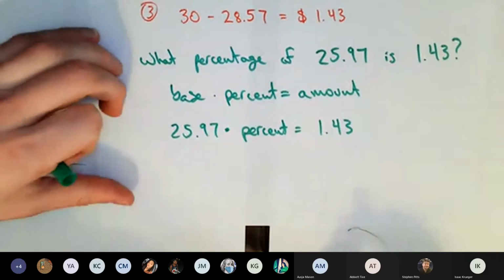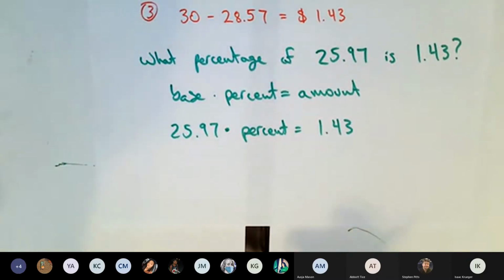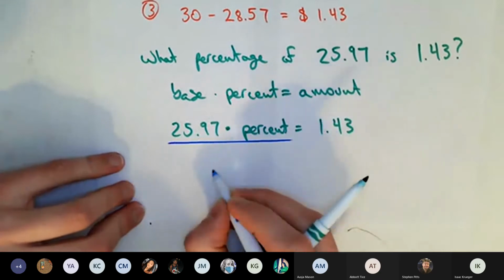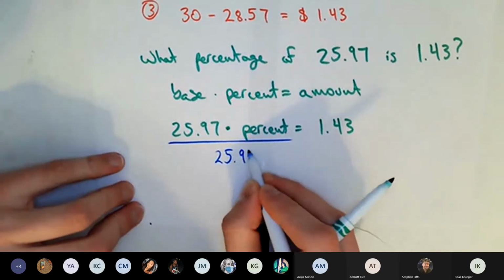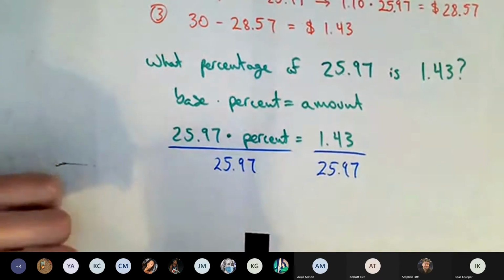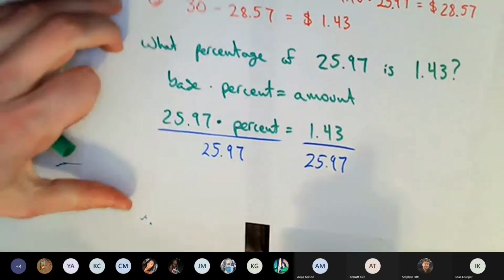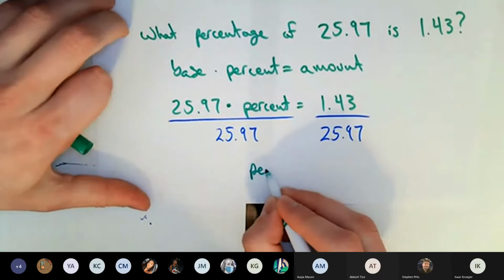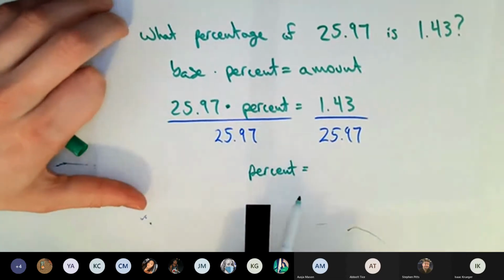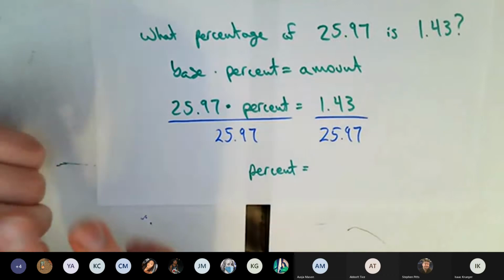Since this number is attached via multiplication, I'll divide both sides by that number to isolate percent. I'm going to get a very weird tiny decimal number, but that's okay. So on the left-hand side, it just cleans up, giving me just percent, right? Successfully isolated percent.